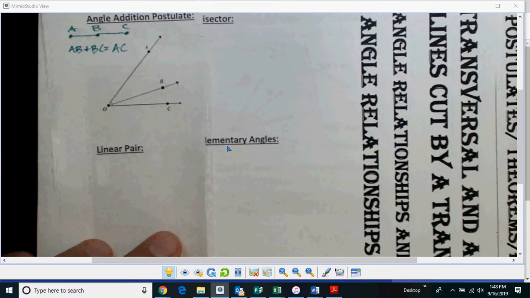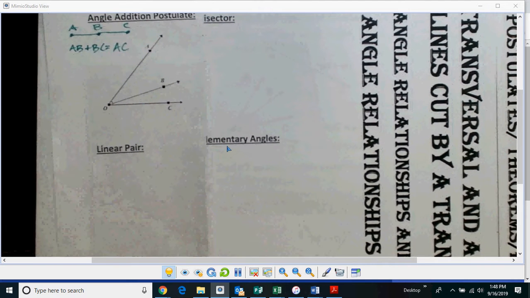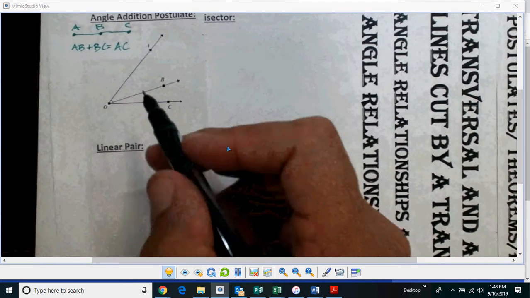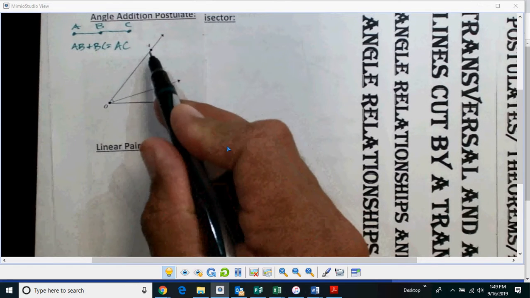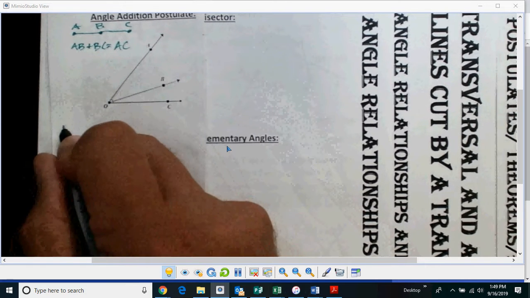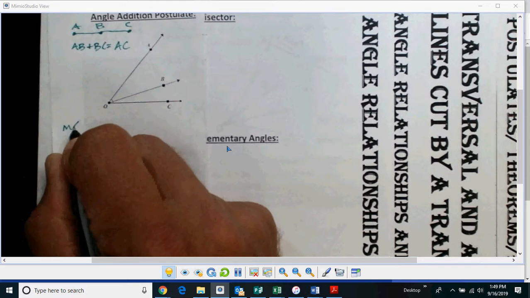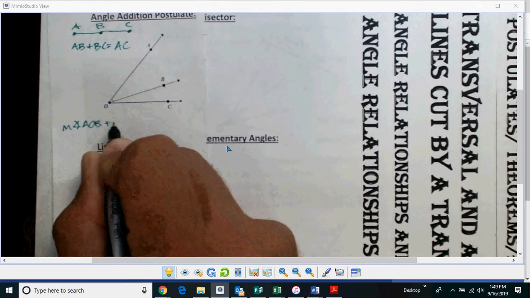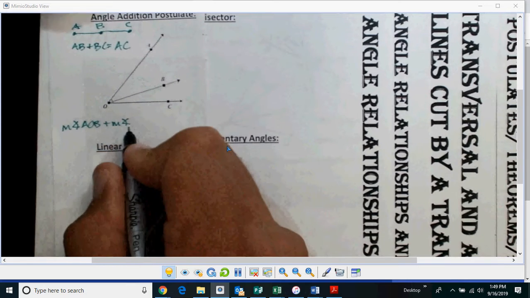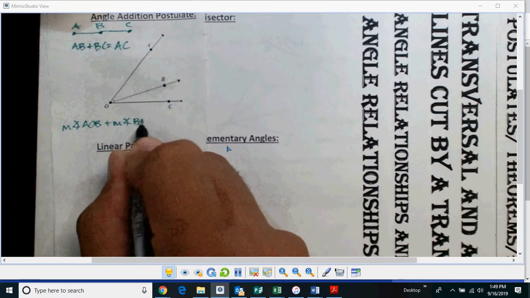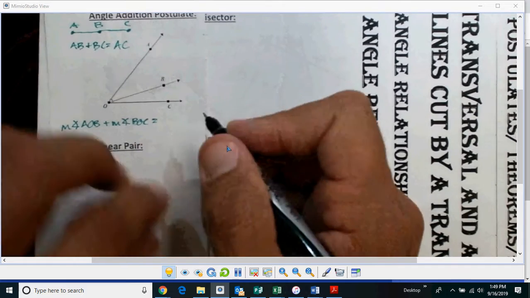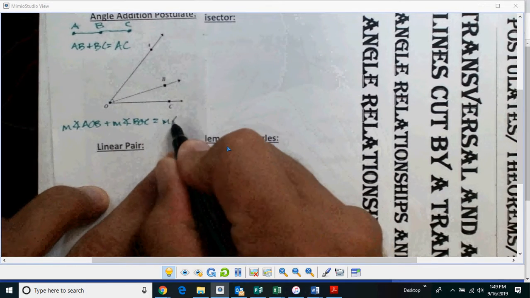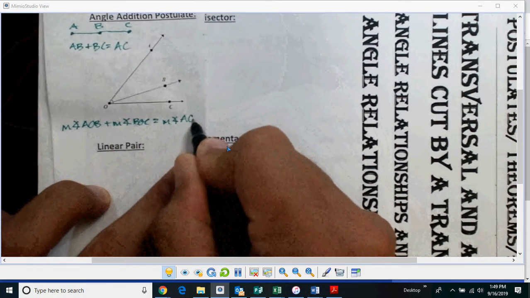We can do the same thing for angles. So for angles, when I look at this diagram, I can say, and this is a lowercase m, measure of angle AOB plus measure of angle BOC equals measure of angle AOC.